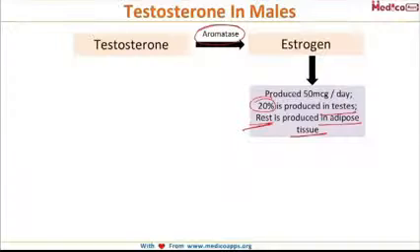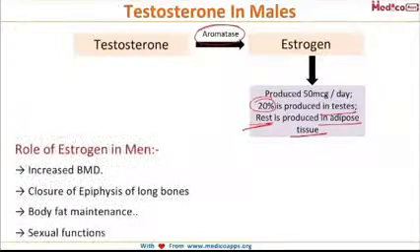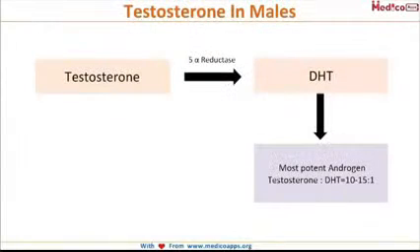Now, why is this estrogen produced in males? It has certain functions. What are these functions? This estrogen increases the bone mineral density. It causes the closure of the epiphysis of the long bones, and helps in body fat maintenance and the sexual functions. Now we said that testosterone is also converted into dihydrotestosterone. So what is the enzyme involved in that? It is 5-alpha reductase.